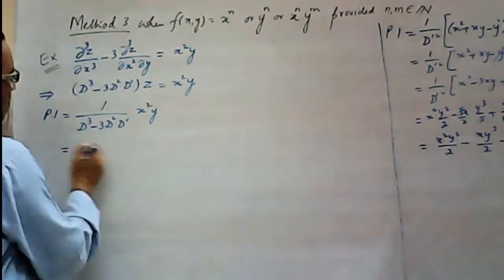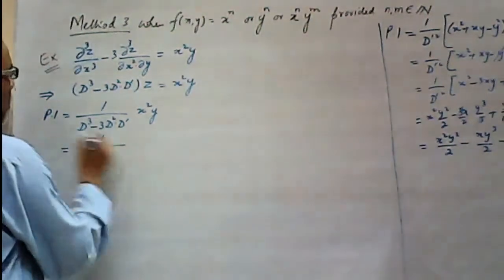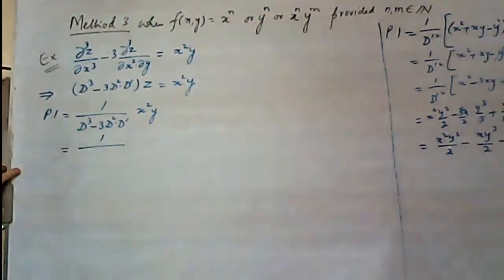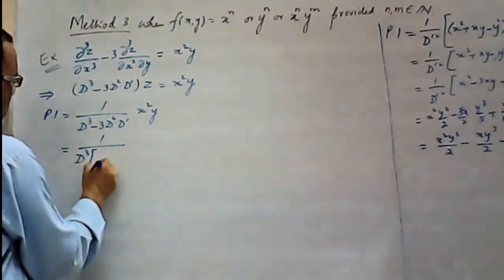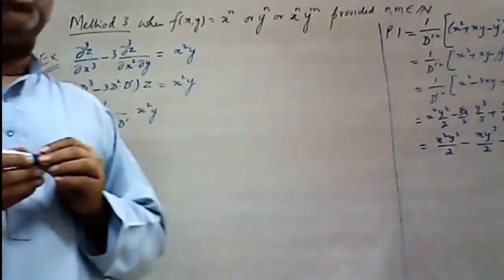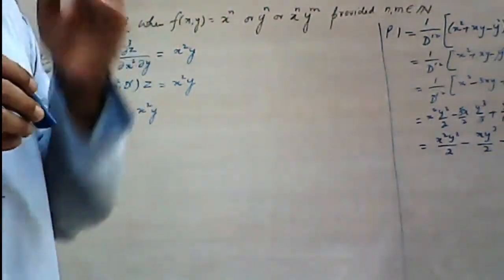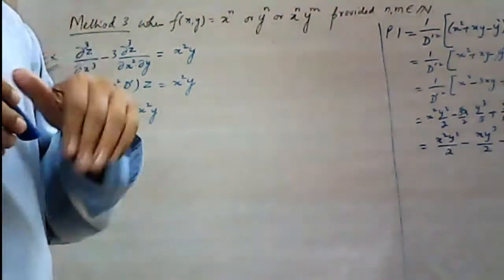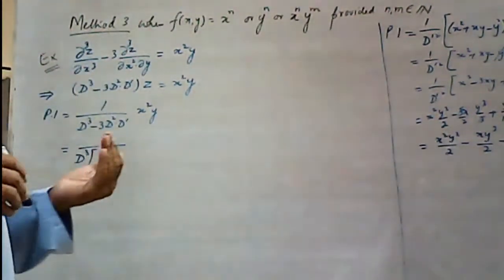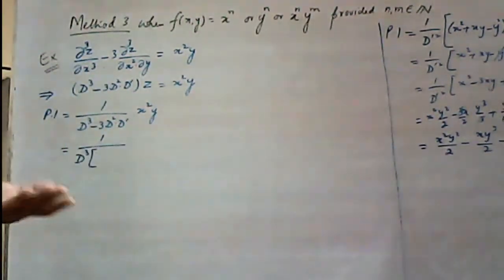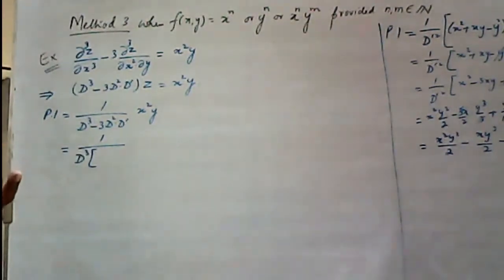It means 1 upon, now I am taking D cube common. Why? I want to show you that if you take the highest power of D or the highest power of D dash from the denominator common, it doesn't make any difference in the final response.